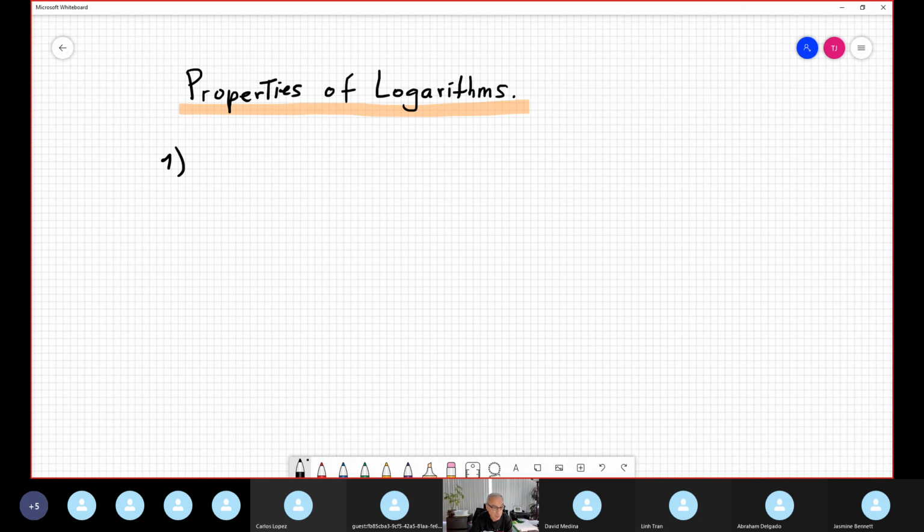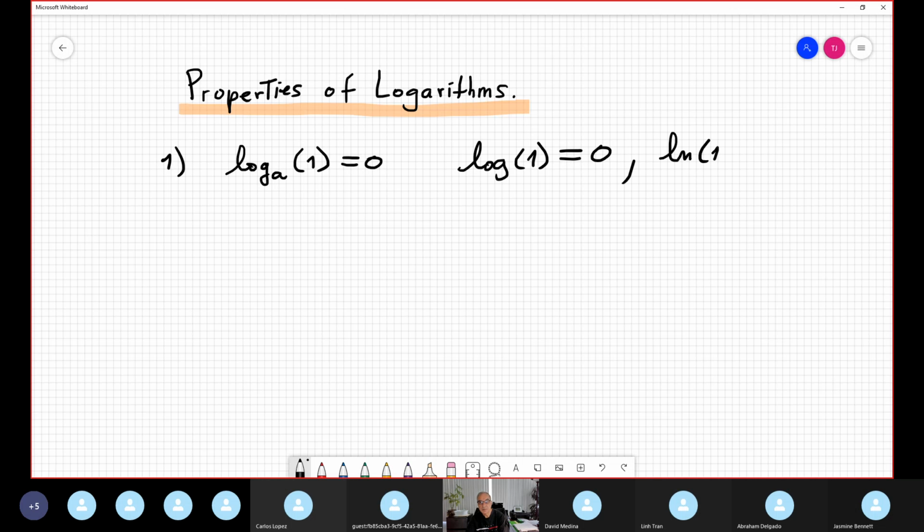Number one, is super important, is logarithm of any base of 1 is equal to 0. So you see, for example, common logarithm of 1 is 0. Natural logarithm of 1 is 0.